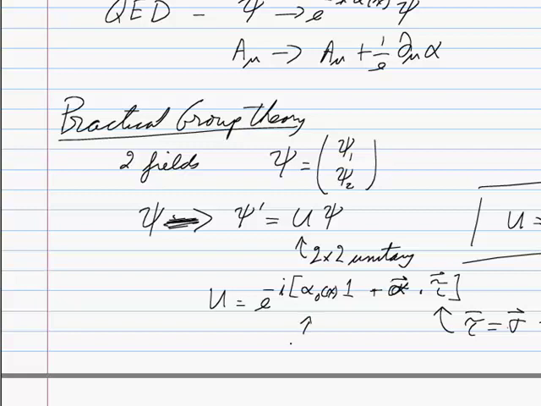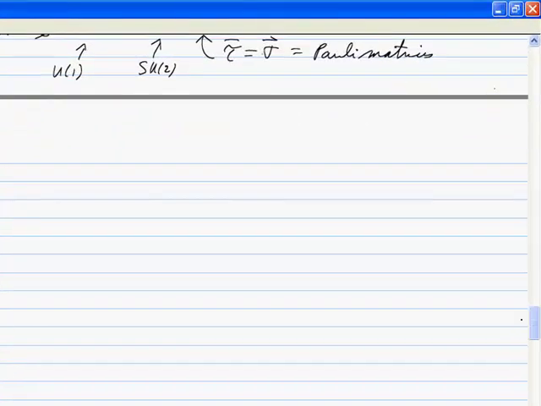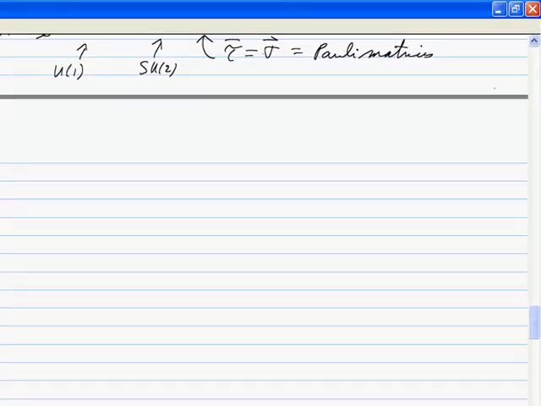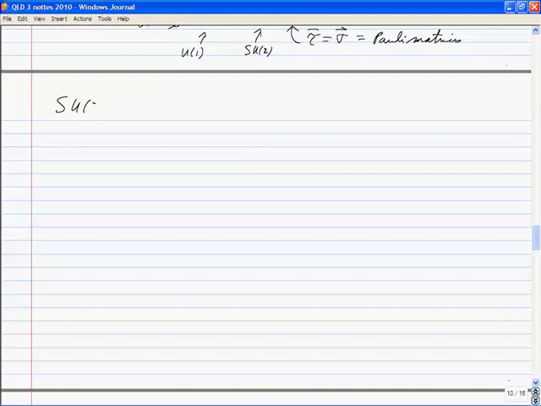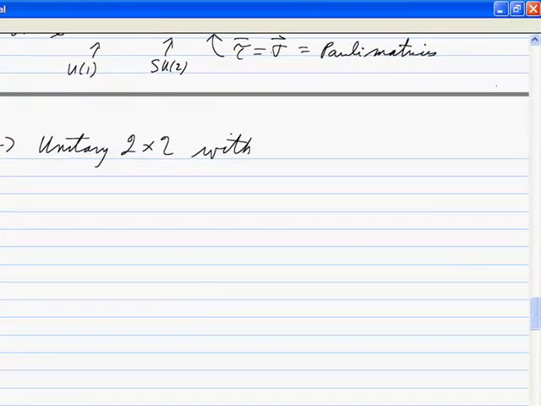So this guy is still a U(1) transformation. That's just an overall phase of the whole field, just like up above. The second piece here is the SU(2) transformation. SU(2) stands for unitary 2-by-2 with determinant equal to 1.